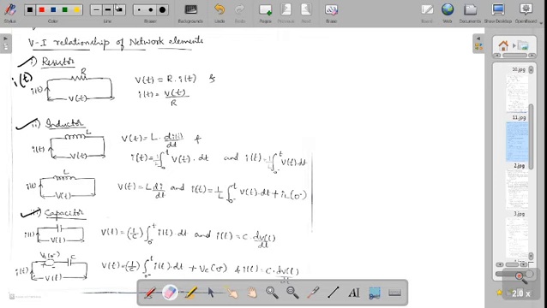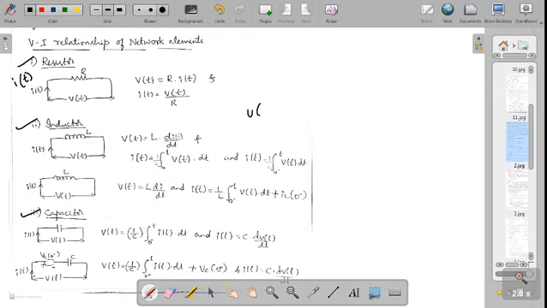If you are clear with this, now let us move on to the second element, the inductor. The same thing here: you have taken an inductor and you are applying a current i of t. The speciality of an inductor is that it opposes the change in current.